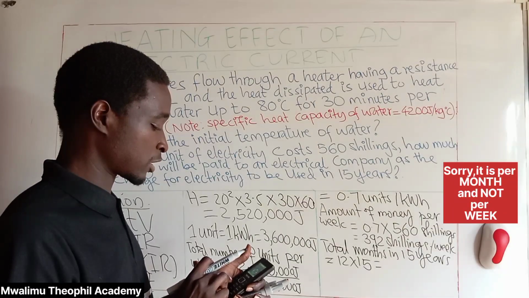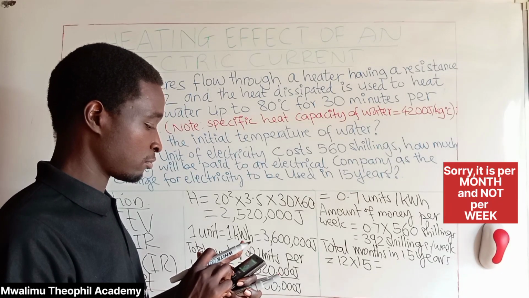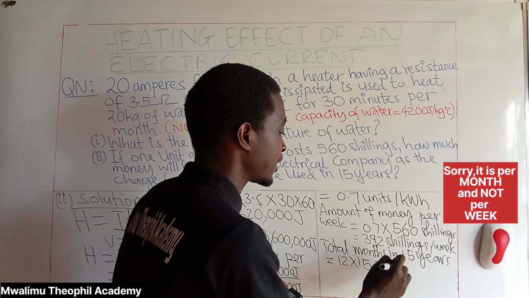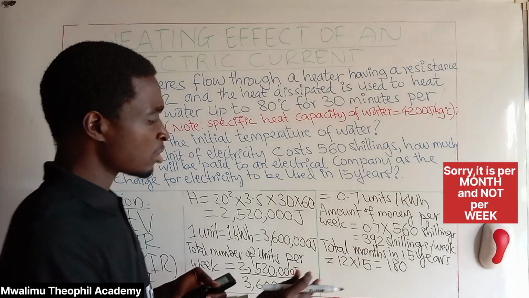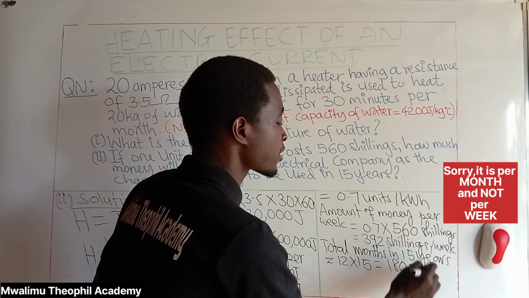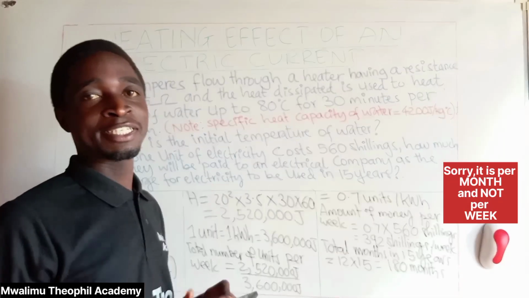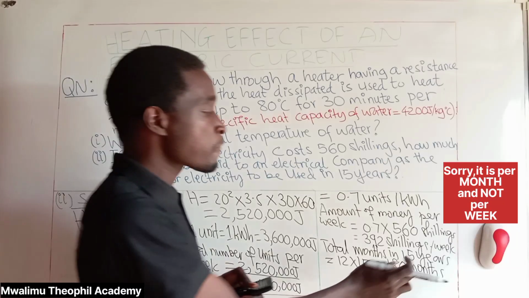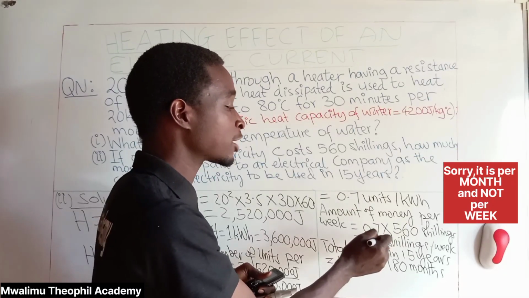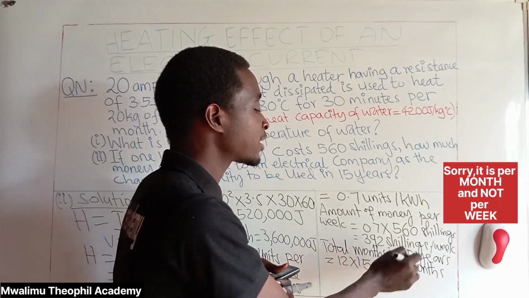So 12 times 15, you get 108. This is the total number of months in 15 years, 108 months. So if per 1 month 392 shillings is paid, how much money will be paid for 108 months?